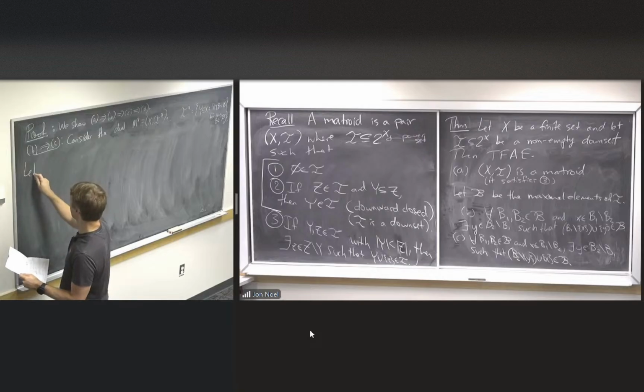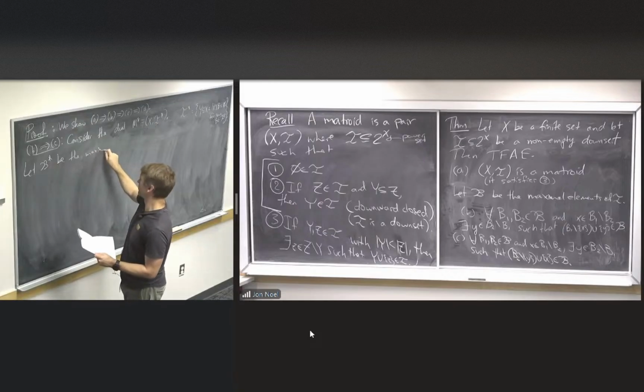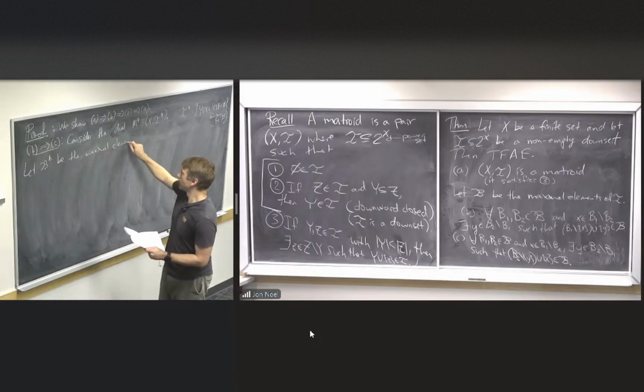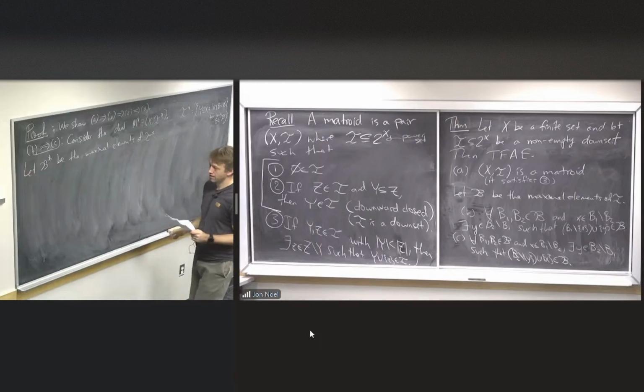So let B star be the maximal elements of I star. But actually, these things are not that hard to define in terms of the elements of B, because how could you have a thing that's maximal subject to being disjoint from some element of B?